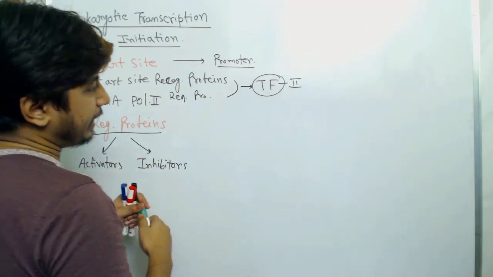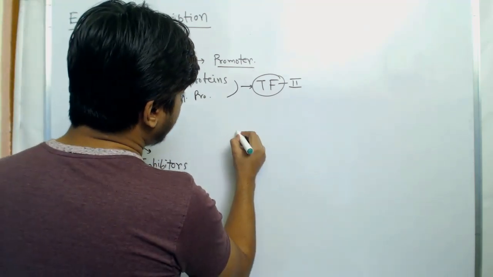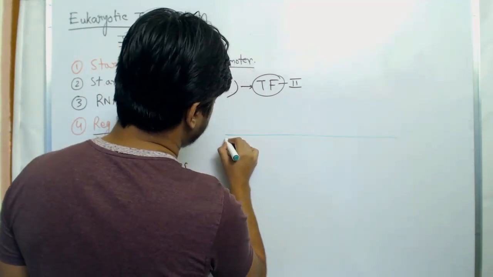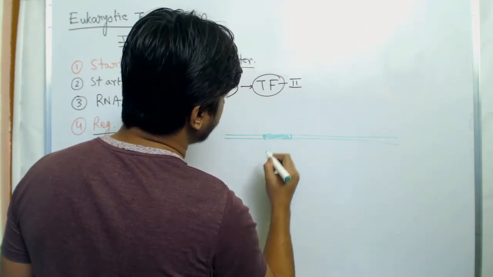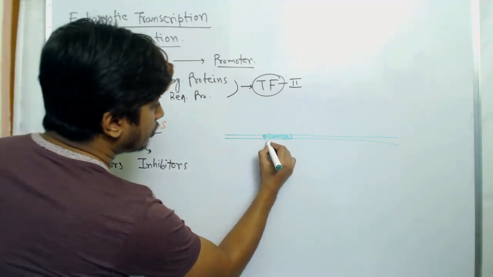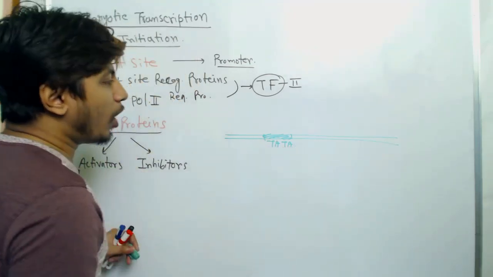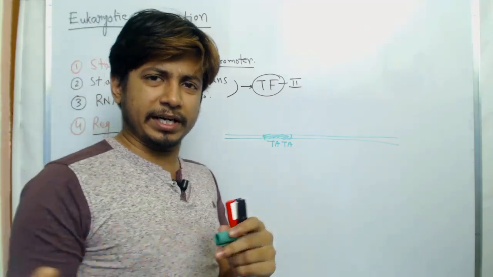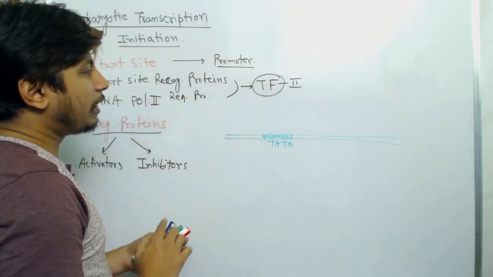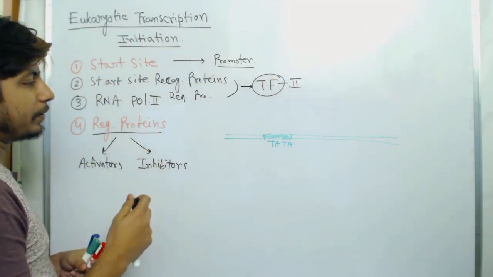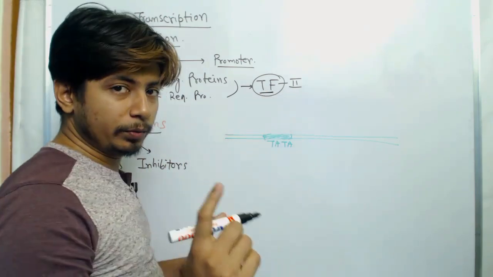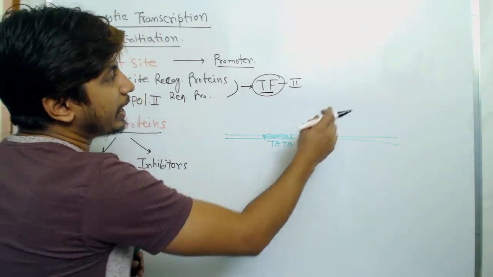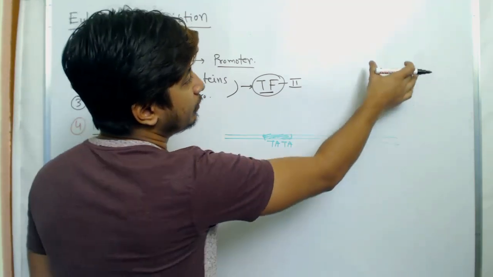Now let me draw the DNA again. And let's say this is the one. This is the DNA. And let's say again this is the start site. Or we can also call it TATA or Tata box, which has the sequence of TATAT, which is conserved. So now at the very beginning, a first set of transcription factors will be in place, and I'll write down the sequence of all the proteins that are involved in this.